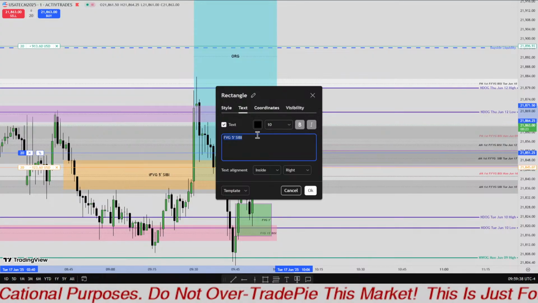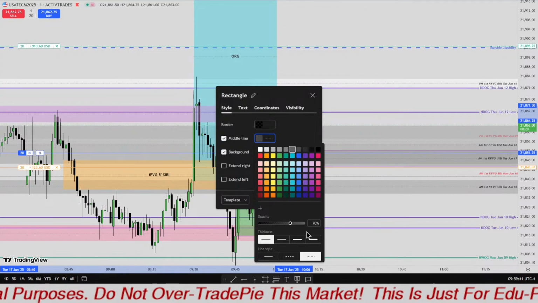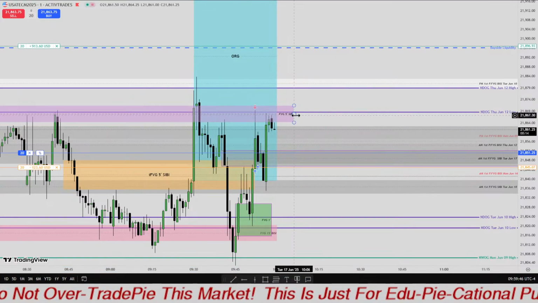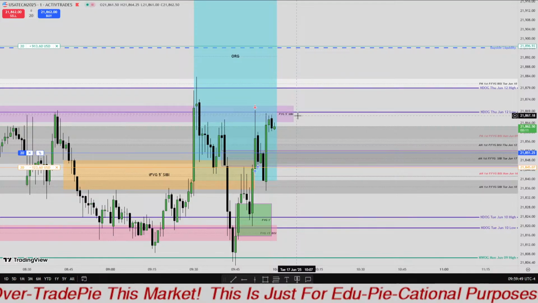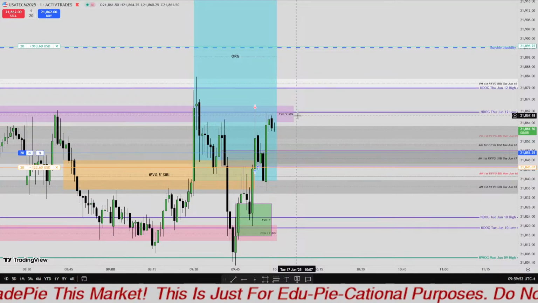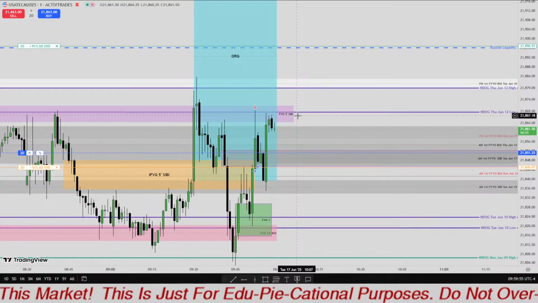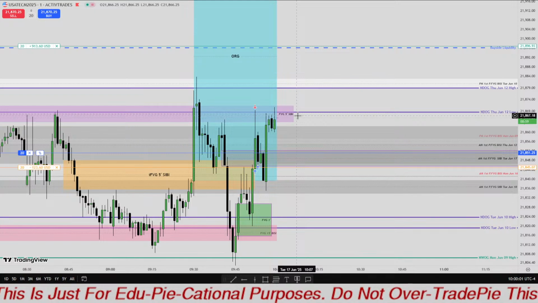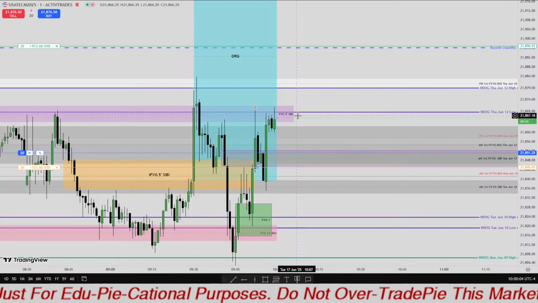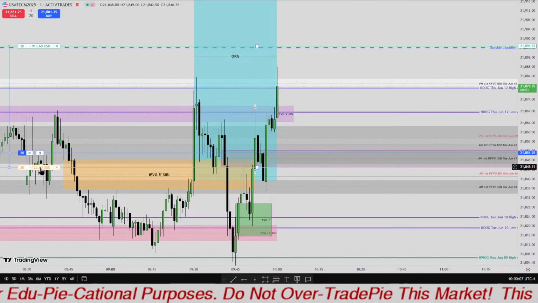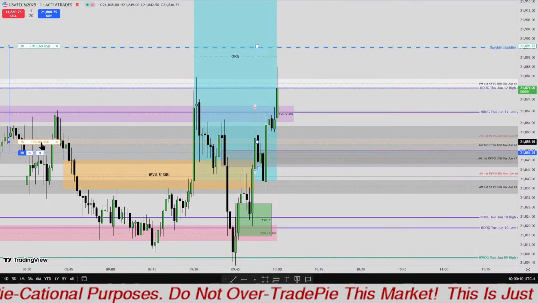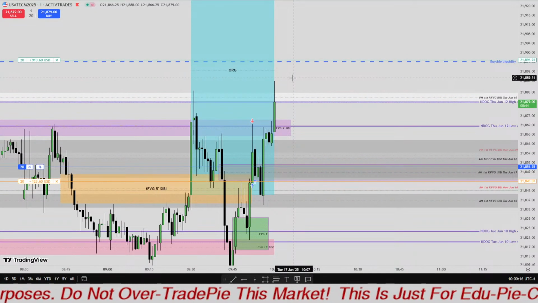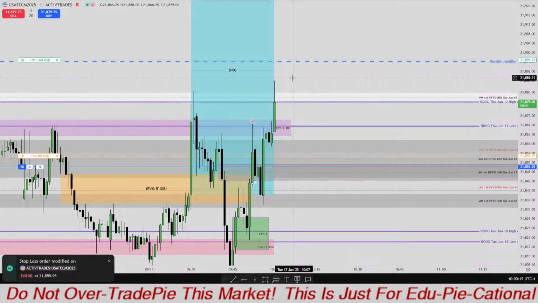You can see how the market is kind of respecting the lower portion, lower half of this 5-minute fair value gap. Well, now I make this position risk-free and wait for the market to deliver my target, and we are getting very close to that.